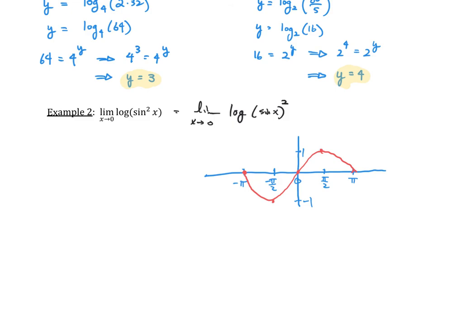You notice that we're taking our limit as x goes to 0. So if I come from the right side like this, clearly this is going to give you a positive number. But when you come from the left side, this is going to give you a value less than 0.